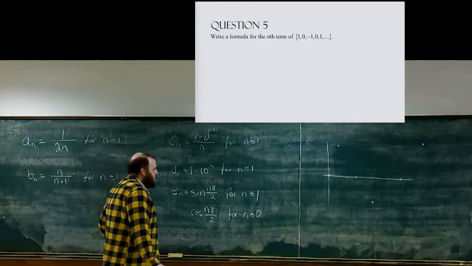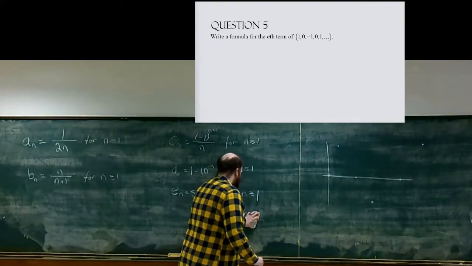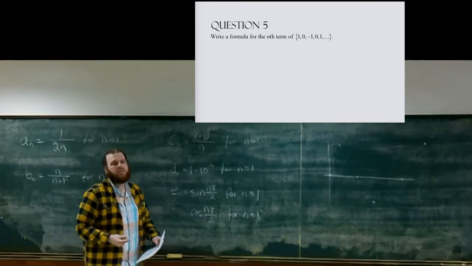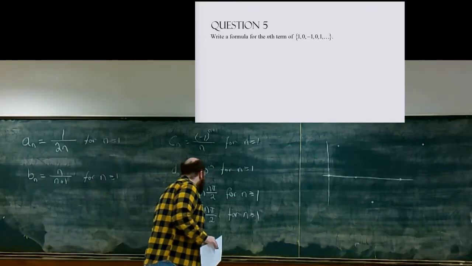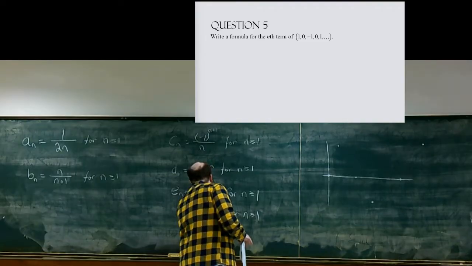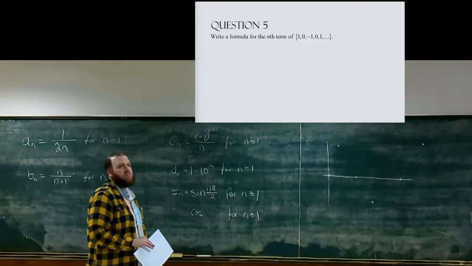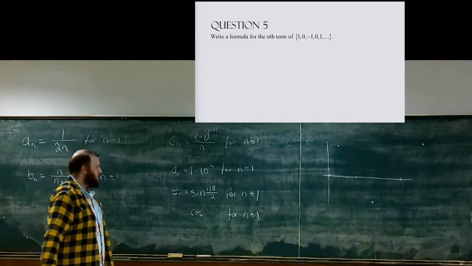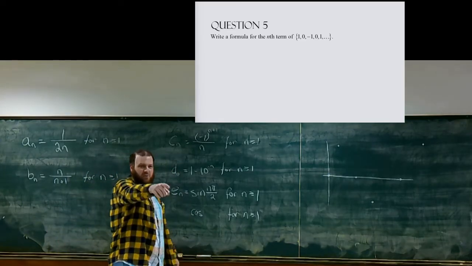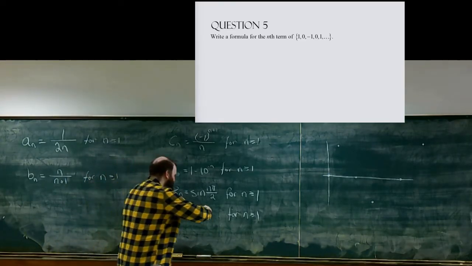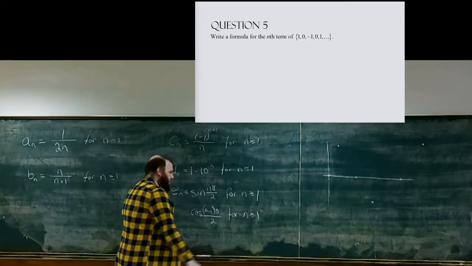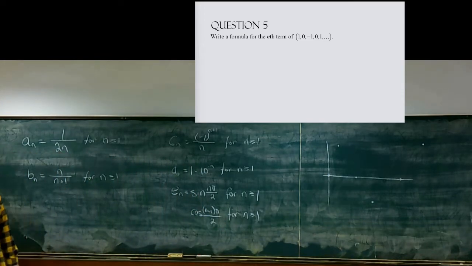If you wanted to stick with 1, then this argument has to change. And I think this is where you were coming from. N minus 1 times pi over 2.